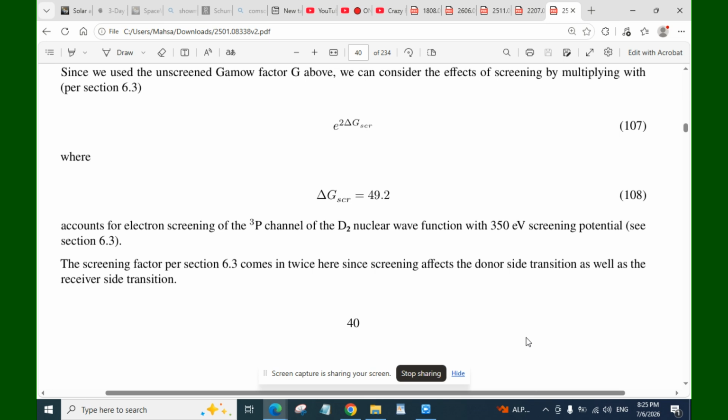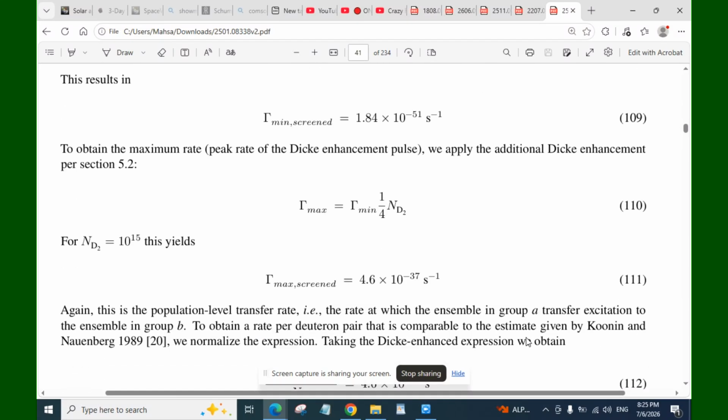See section 6.3. The screening factor per section 6.3 comes in twice here since the screening affects the donor side transition as well as the receiver side transitions. This results in tau minimum screen is equal to 1.84 multiplied by 10 to the power of minus 51 1 per second.